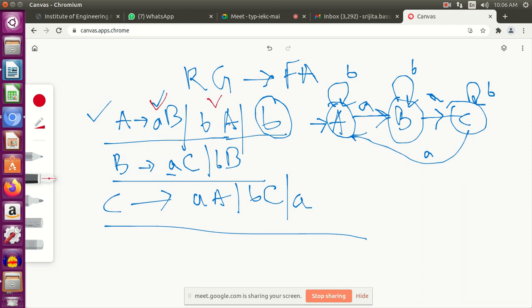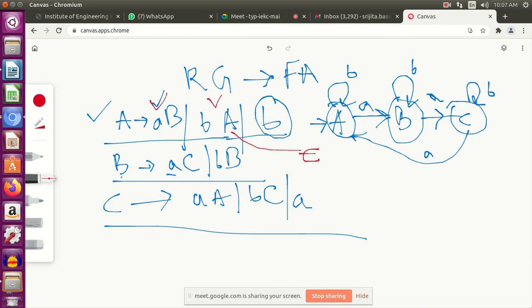You can get b if you replace this A with epsilon. For this production rule, you have one terminal symbol b, that is A goes to b. After finding that, you check from these production rules how you can get this b. If you simply replace this capital A with epsilon, you can get the b.